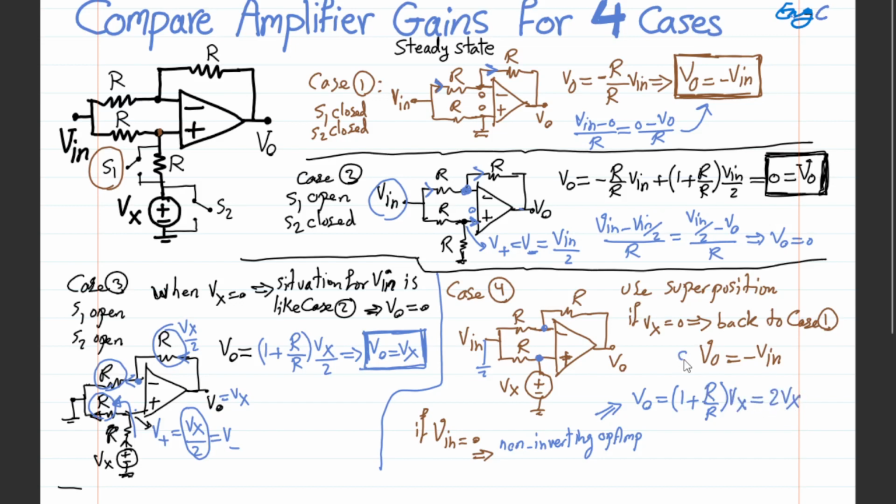Okay, we considered superposition case A and case B. The result is the sum of both of them.